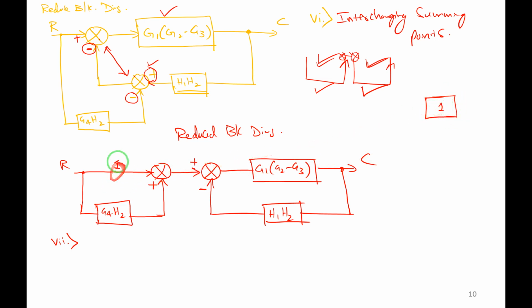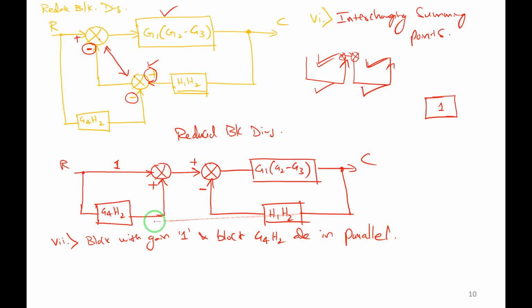The block here with gain 1, there is one more block, and another block is G4H2. These two blocks are in parallel, right? So the block with gain 1 and block G4H2 are in parallel.